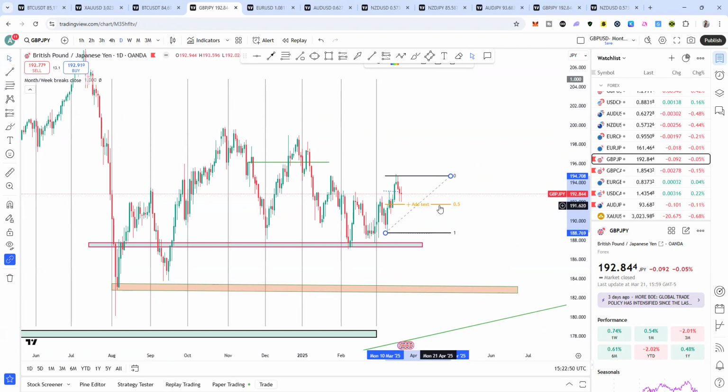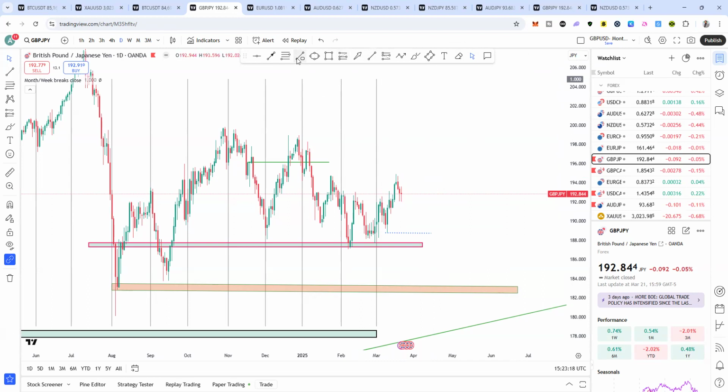That's why on Mondays, I actually don't actively trade. I'll wait probably till New York to see what price is doing properly. If you look at this chart, we are sitting on the 50% retracement that coincides with this support.